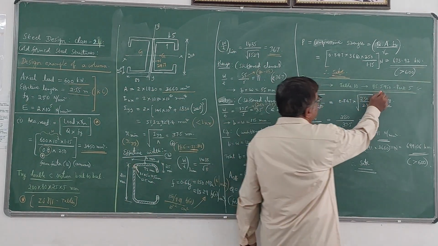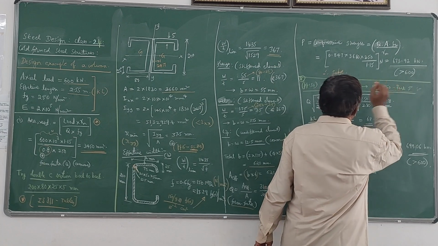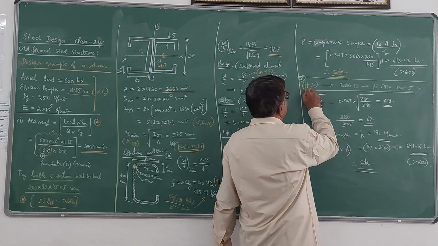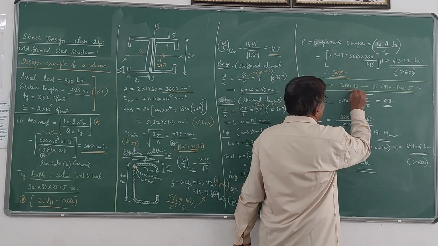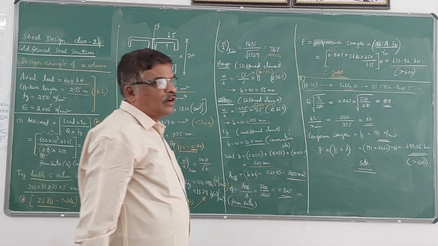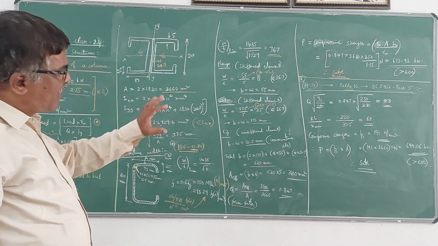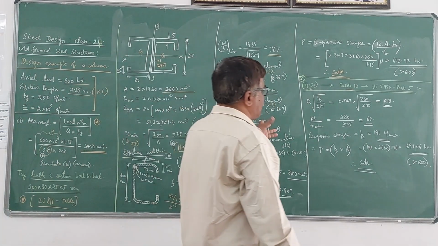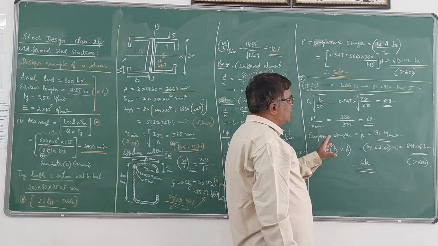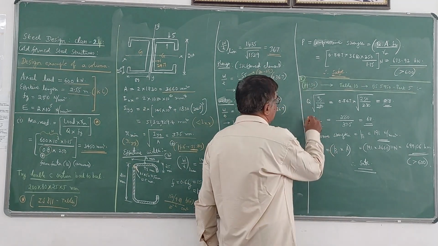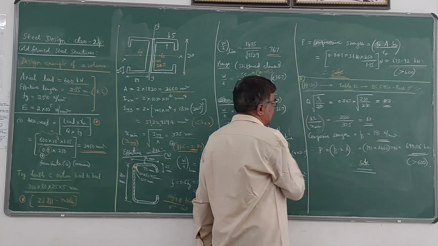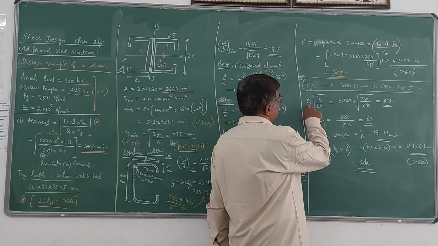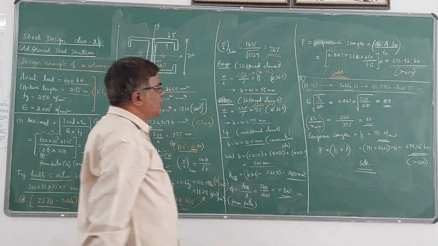Now, according to BS 5950 part 5, if you go to page 30 of the code, in table 10, there is a table given. It gives the compressive stress values for different values of lambda, the slenderness ratio KL by r minimum, and Q into root of Ys by 280.